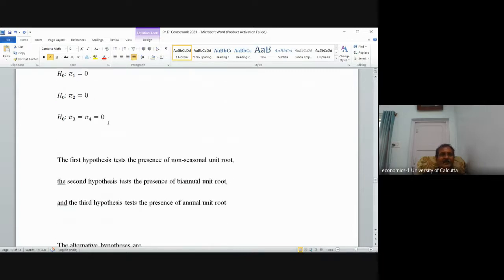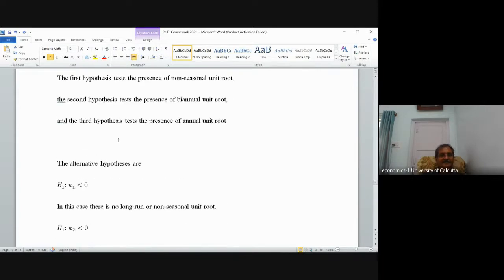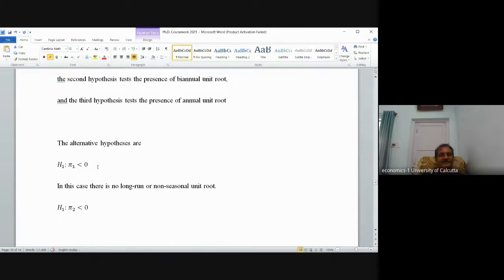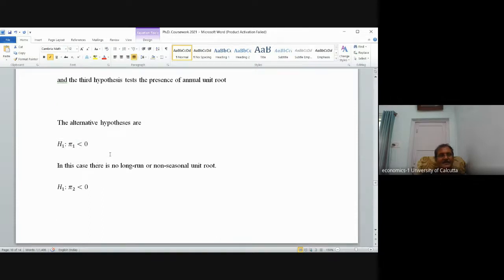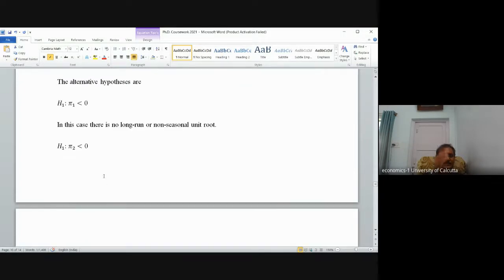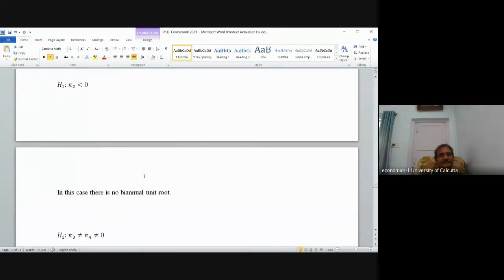Now, what are the alternatives against this? The first alternative, pi 1 less than 0, indicating no seasonal unit roots, non-seasonal unit roots. Second alternative, pi 2 less than 0, indicating there is no biannual unit roots.